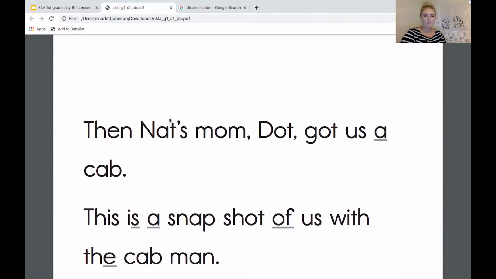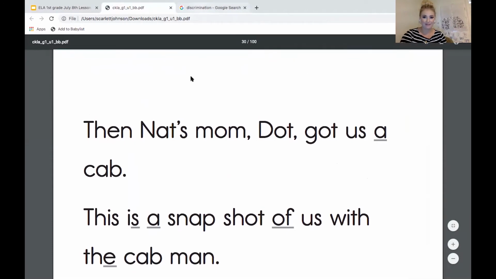Okay, right here, where it says Nat's, that apostrophe is breaking up Nat and s. So it's saying Nat's mom, that's Nat's mom, is broken up by the apostrophe. Okay.